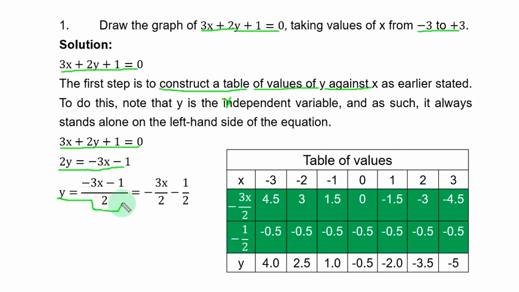And you know minus 3x and minus 1 are both divided by 2, so you can split it to minus 3x over 2 minus 1 over 2. So we have to use this final result to construct the table of values. All right. From the question, the values of x range from minus 3 to plus 3.